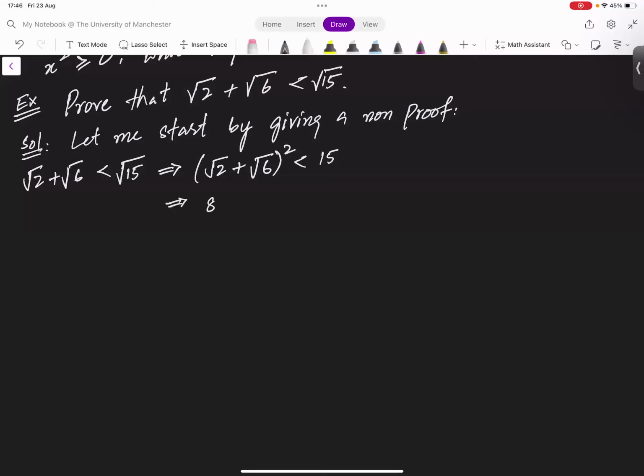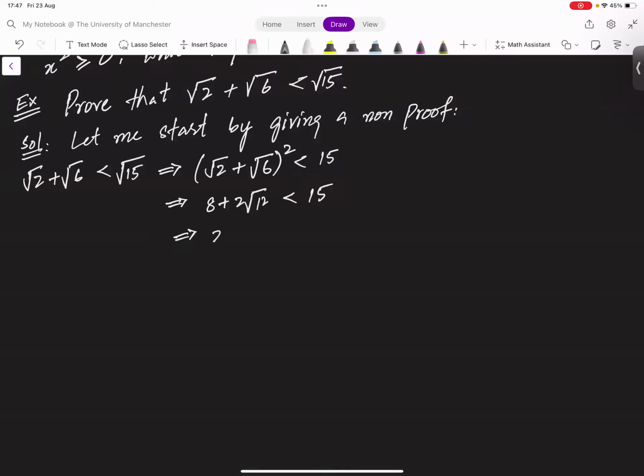Then 8 plus 2 square root of 12, since square root of 2 multiplied by square root of 6 is square root of 12, is less than 15.